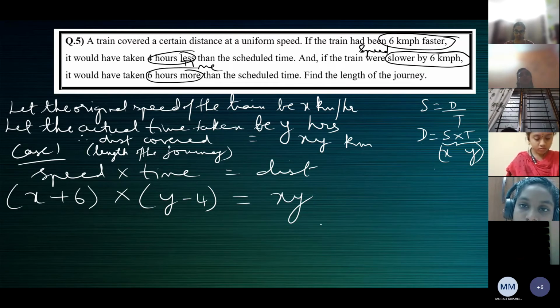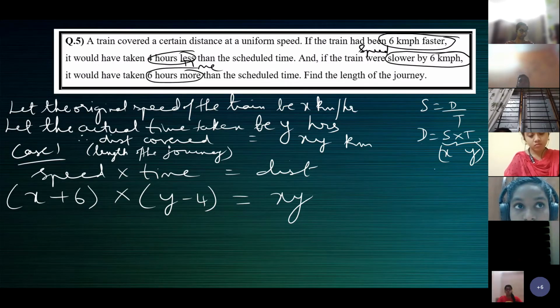Now, the distance between two places, will that increase or decrease with the increase or decrease in time and speed? No. When speed increases, time decreases. When speed decreases, time increases. But the distance between the two places remains the same.